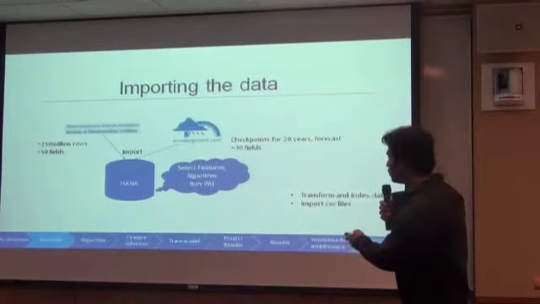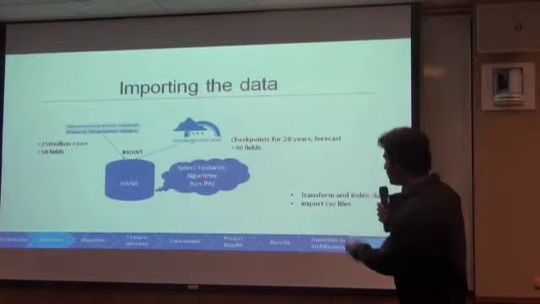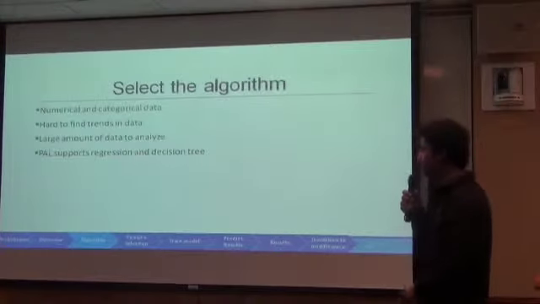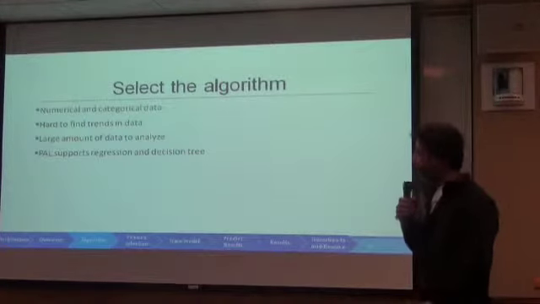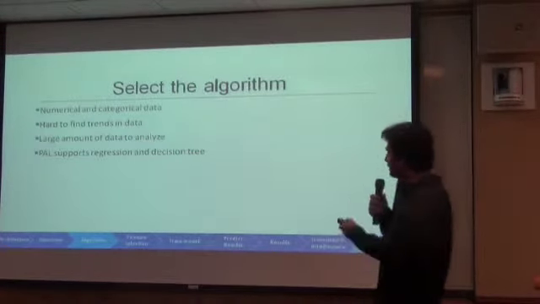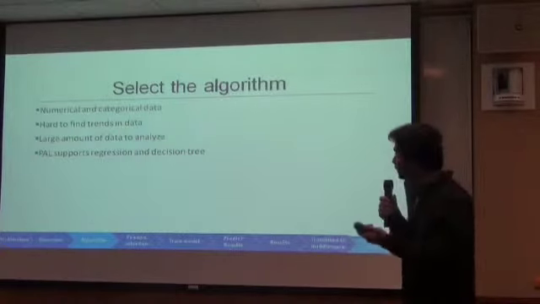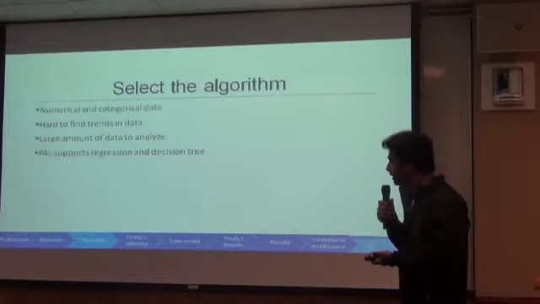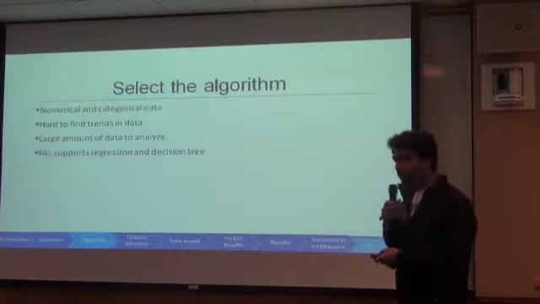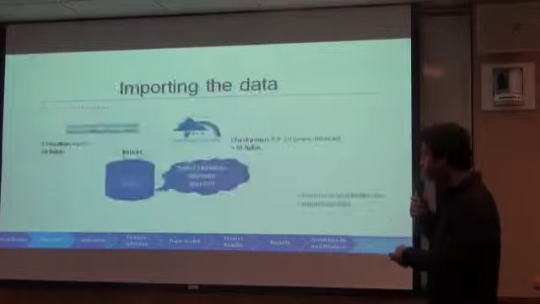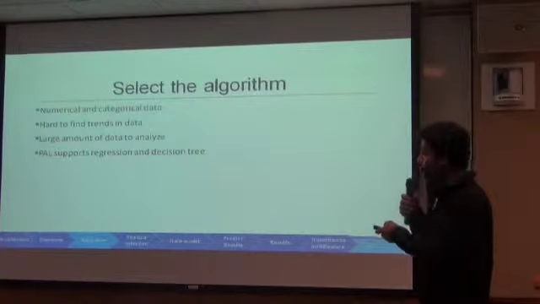So now I'll tell about selecting the features and the algorithm. We have the data imported, and which algorithm to choose? These are the factors we considered for choosing the algorithm. The first thing is the data is numerical and categorical, and like I already told, it has 250 million rows, so it is huge data.